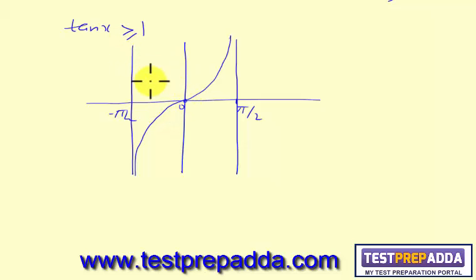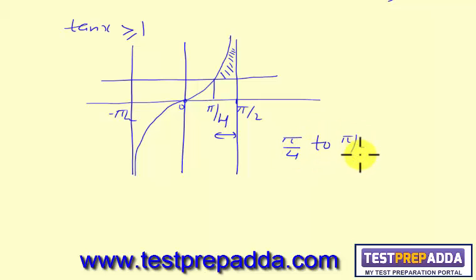Okay, tan x equal to 1 will be somewhere here. If I say tan x greater than 1, I am talking about this part. And this is actually pi by 4, since tan pi by 4 is 1. So what will be the solution? Pi by 4 to pi by 2.